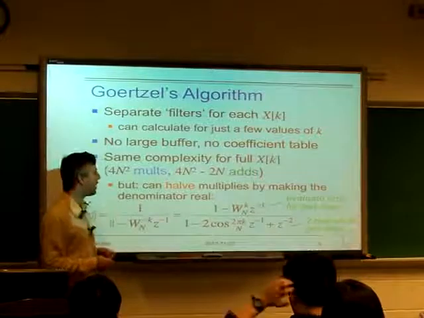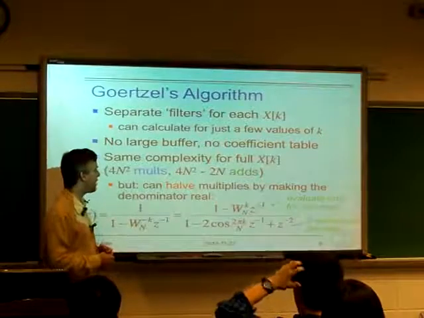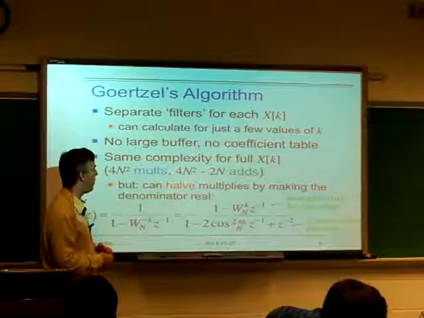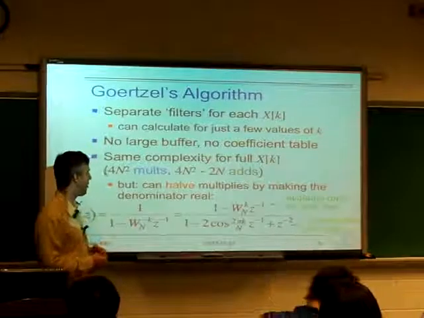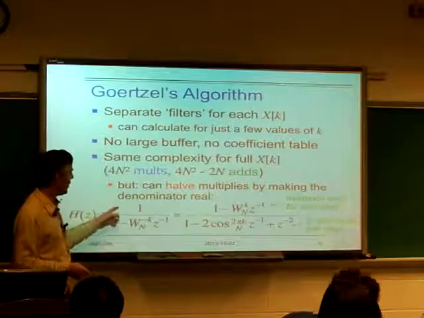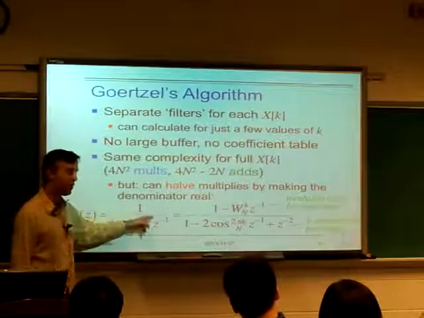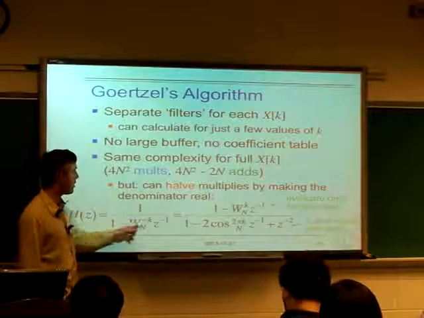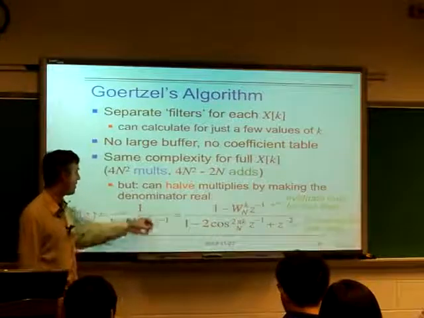There is one trick we can do to reduce the number of multiplications involved. This is the overall transfer function, the z transform of that system. It's just 1 over 1 minus alpha z to the minus 1, where this is the alpha.